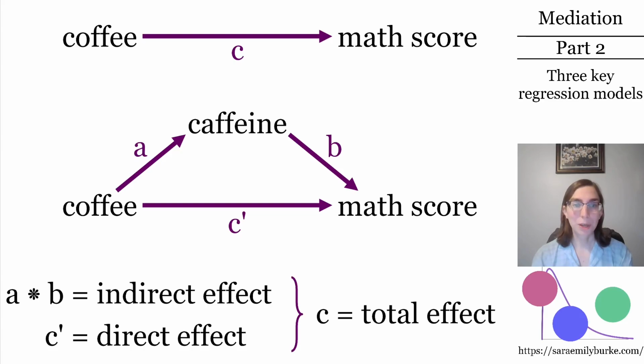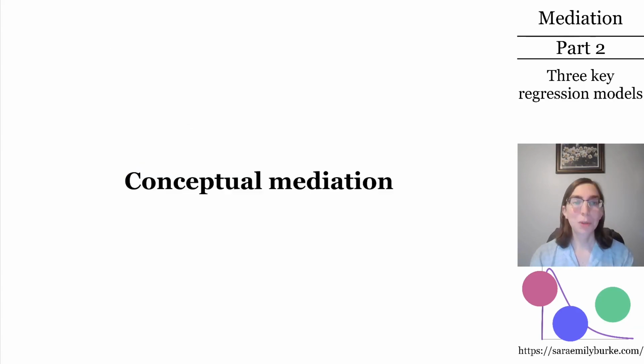Also, this diagram in the middle of the screen has 3 arrows in it, but drawing an arrow doesn't make an association causal either, even when you've manipulated the X variable. The B path, the relationship between caffeine and test scores, is just an association with no special causal evidence of its own.